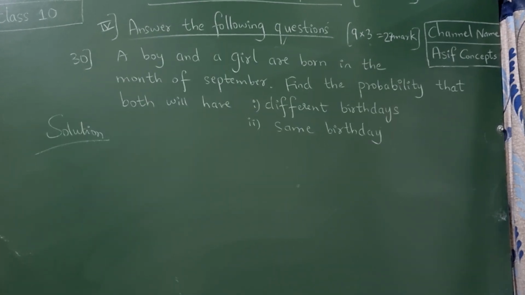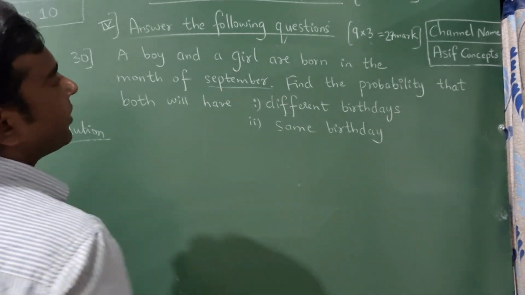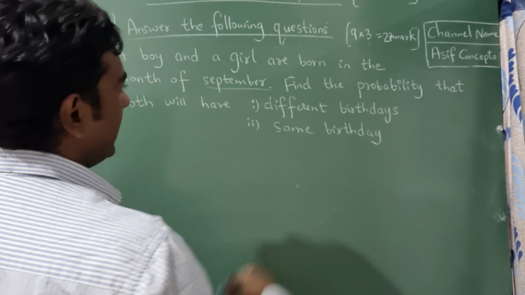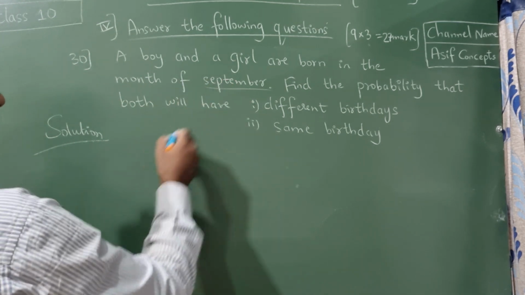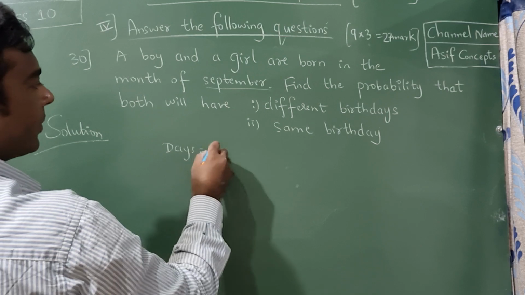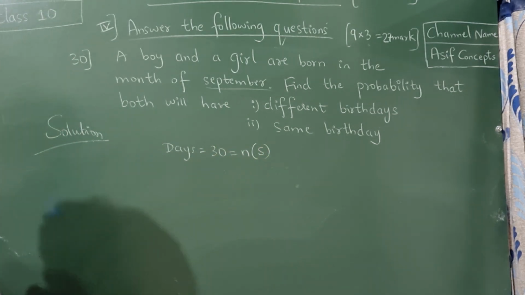Now 30th question. A boy and a girl are born in the same month of September. Find the probability that both will have different birthdays, same birthday. In September there are 30 days. Okay, so this is n of S, that is the sample space.